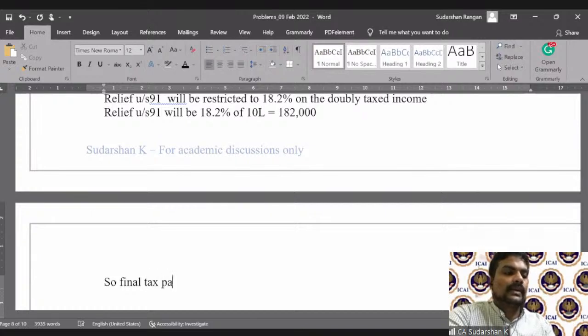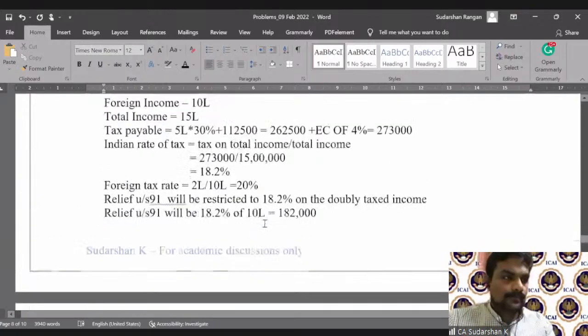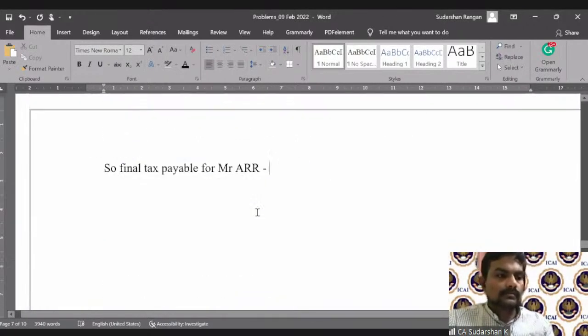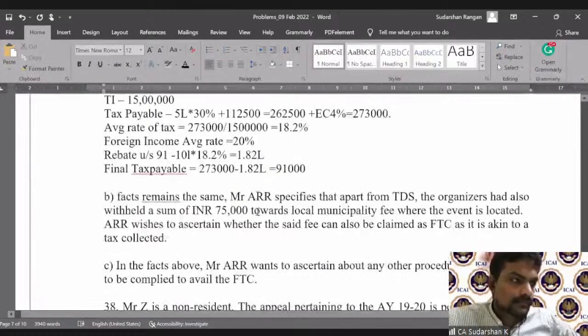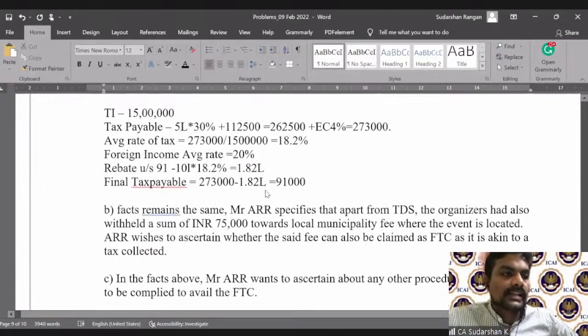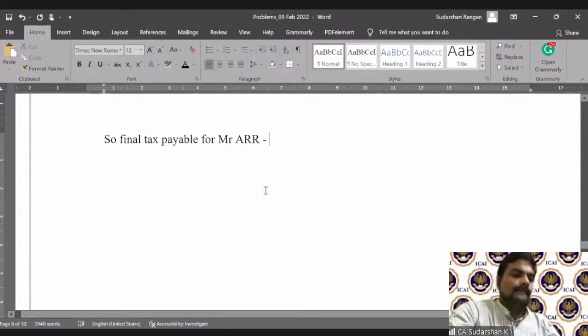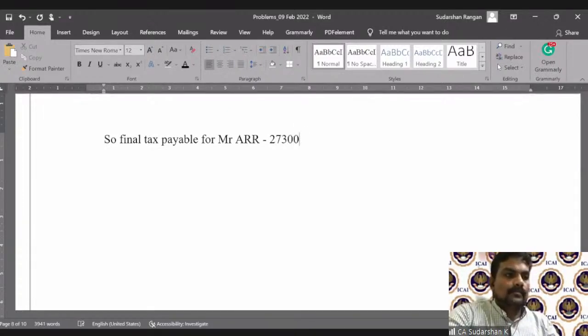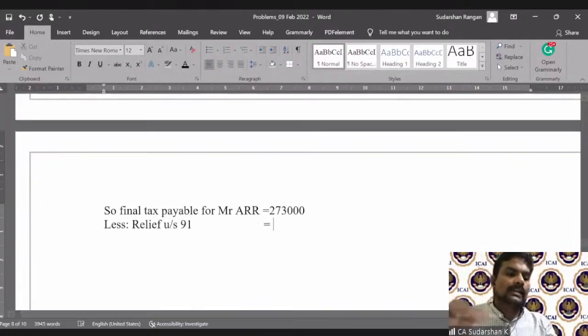So final tax payable for Mr. ARR will be 2,73,000 minus 1,82,000. 2,73,000 was my tax, less relief under section 91, which we computed, came to 1,82,000. So my tax payable will be the difference.